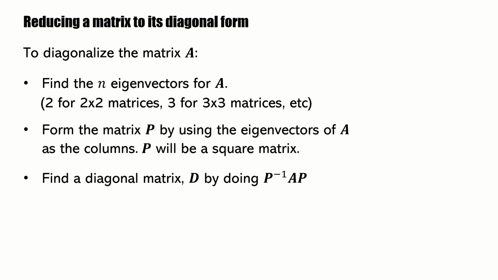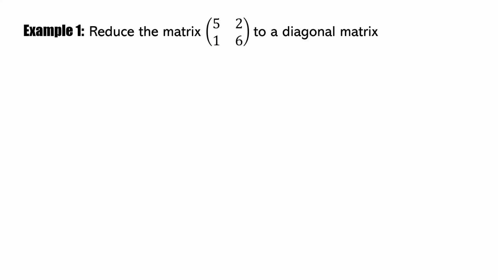So, let's put that into practice and show a demonstration of it. We need to reduce this matrix to its diagonal form. Step 1, we need to find eigenvalues, because that'll help us find the eigenvectors. So we are going to find the determinant of this matrix and set it equal to 0. If we do that, we'll end up with the following pairs of brackets.